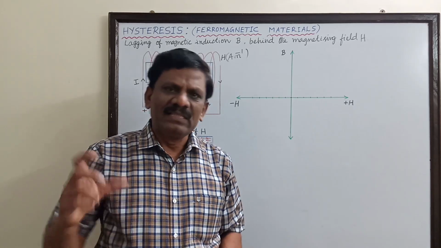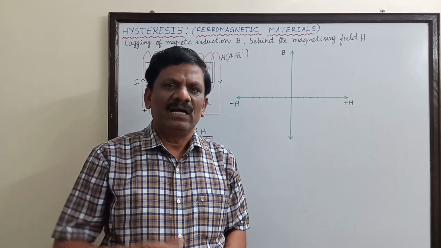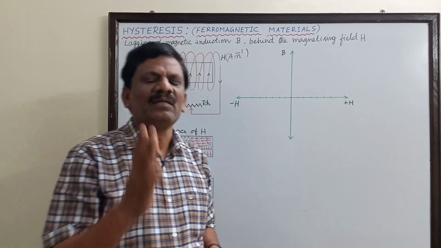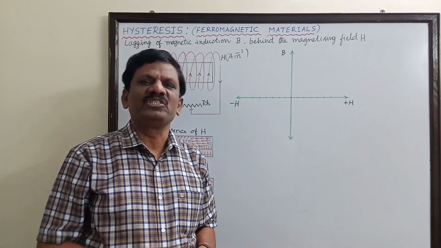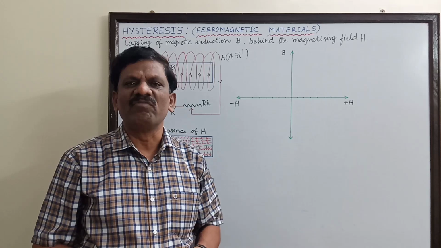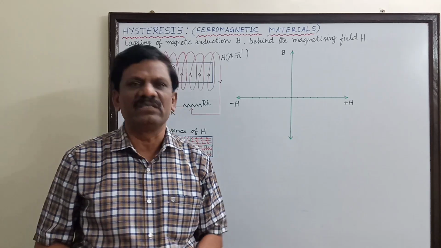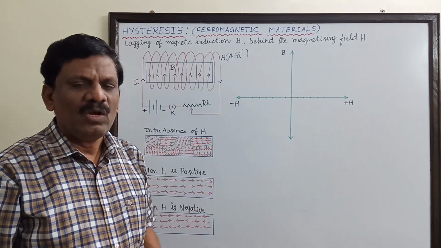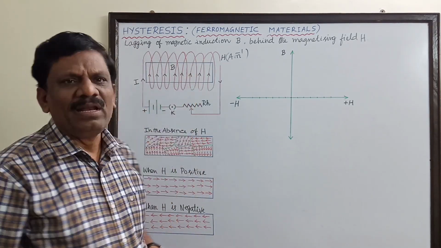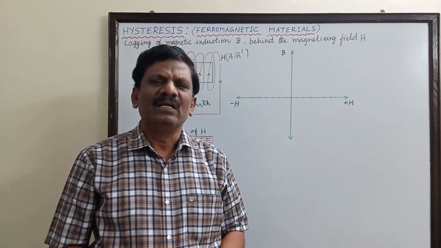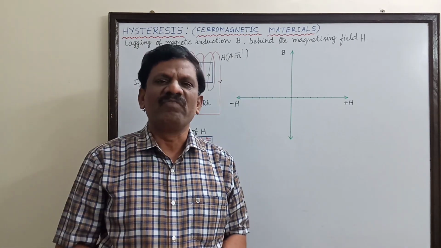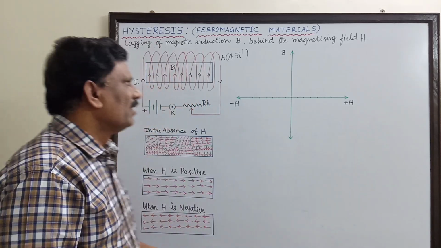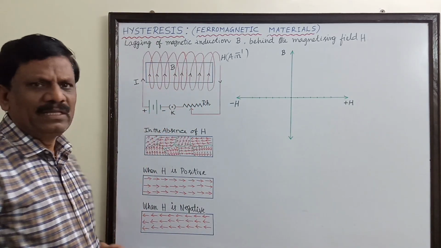Then further increase in the current or the magnetizing field will at one stage bring the magnetic induction to a saturation value. Afterwards there is no further increase in the magnetic induction. Even if you apply a very strong current and strong magnetizing field, once the sample has attained the maximum magnetic induction, there is no further increase. It has attained saturation. Understand?